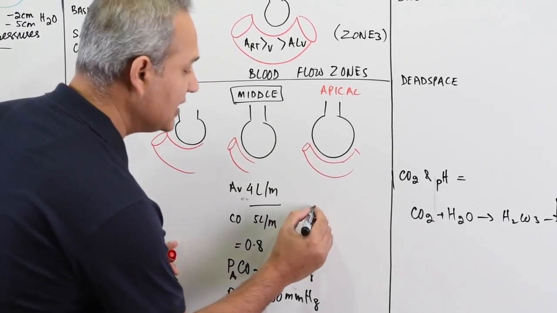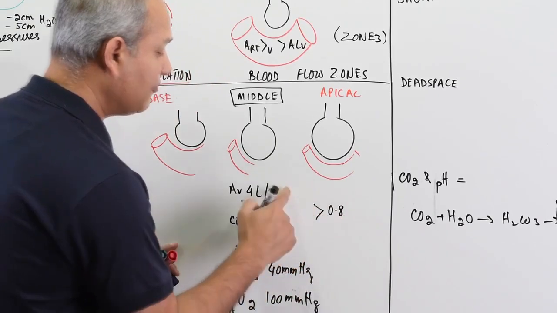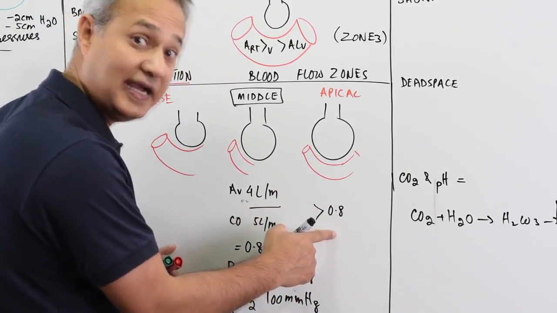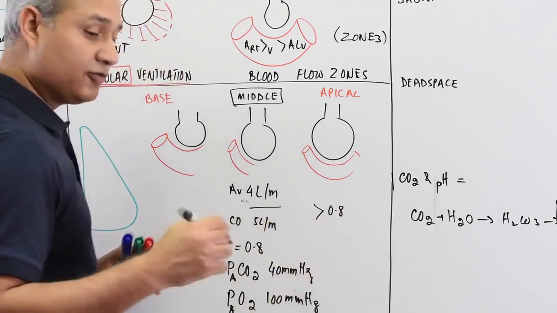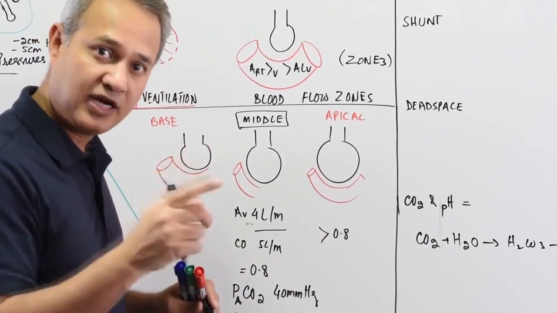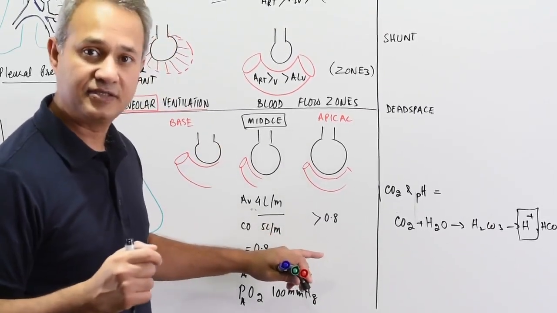So can I simply say, when the ventilation perfusion ratio becomes greater than 0.8, that would mean that there is more air coming in and less blood to pick it up. This is called dead space.